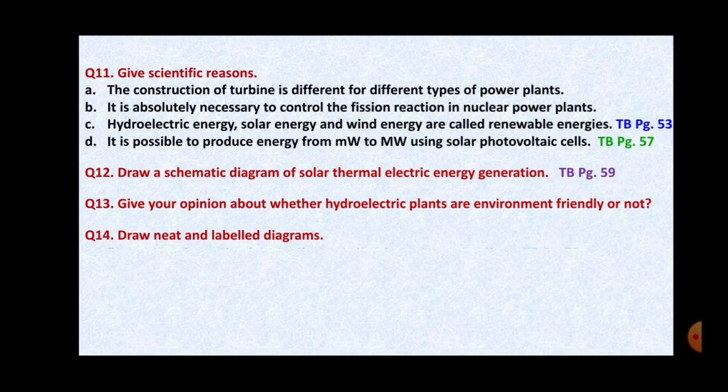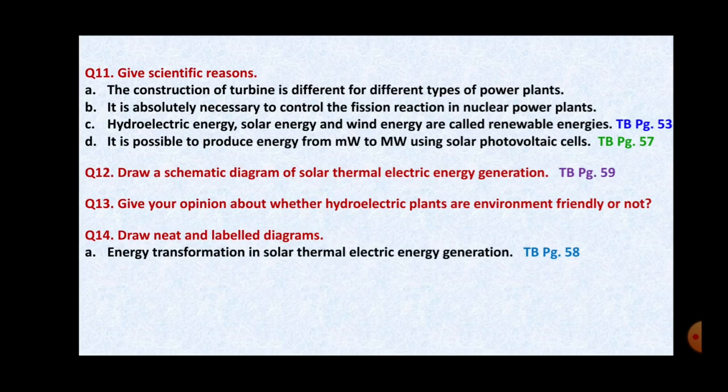14th is, draw neat and labeled diagrams. First is energy transformation in solar thermal electric energy generation. This is given on page number 58. Okay, solar thermal electric energy generation. It is given on page number 58.